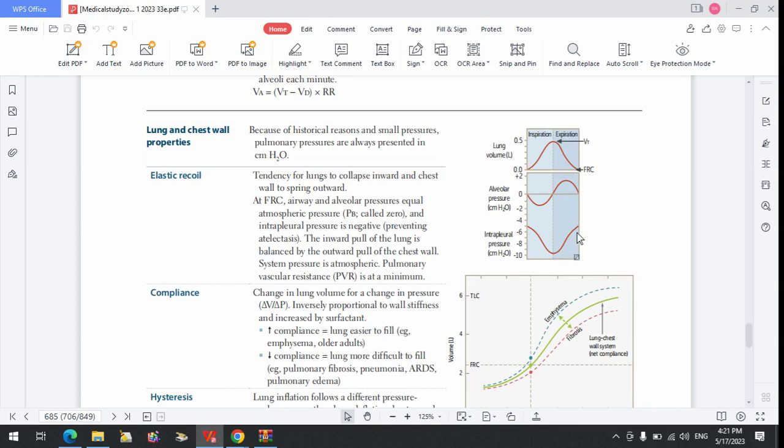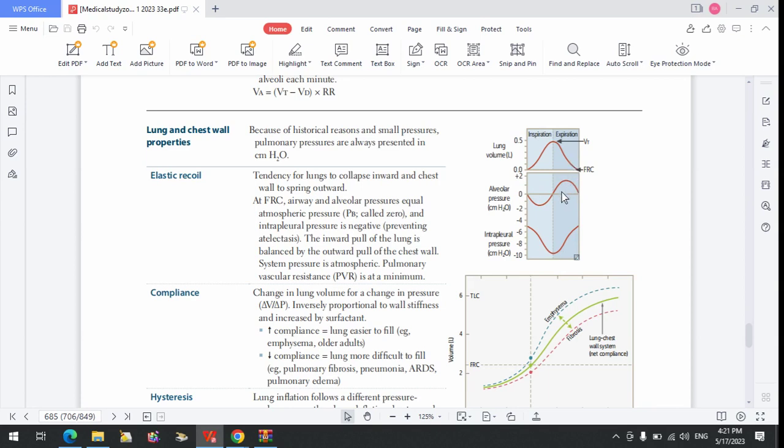So if you want to increase from -9 to -5, that means you're adding +4. So it will transmit like +2 from that +4 to the alveolar pressure, increasing the alveolar pressure to about +2, like we can see here. So that is generating enough force to drive air out into the atmosphere, causing expiration.